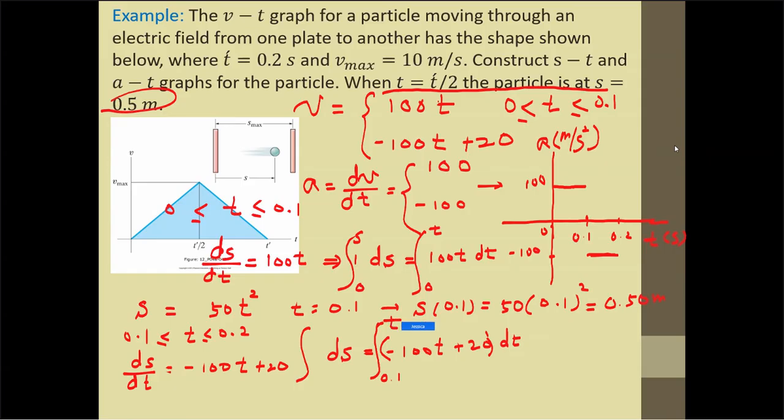When time is 0.1 seconds, using this position function, we evaluate its position. So position starts at 0.5 to any s. Then evaluate the left-hand side. 1 is recognized. Antiderivative of 1 with respect to s is s. So the left-hand side is s minus 0.5.